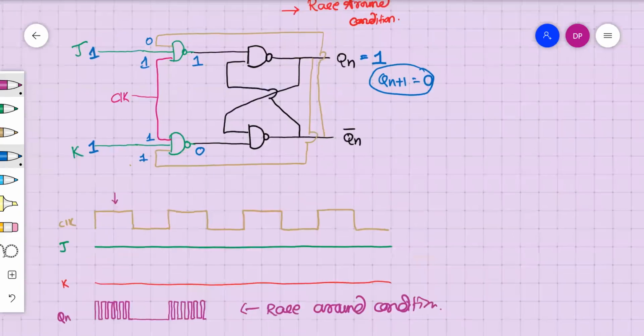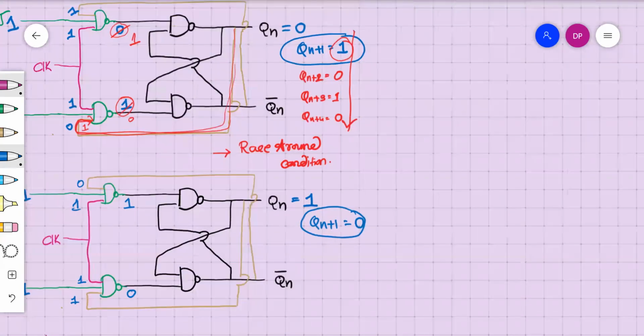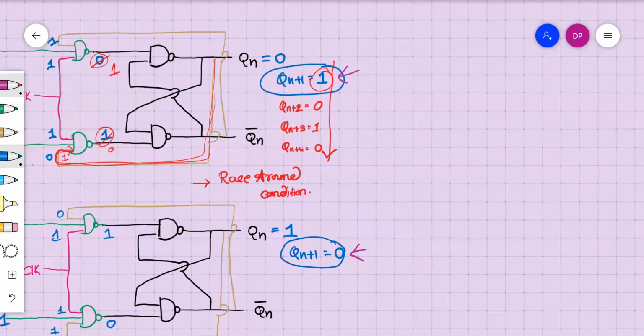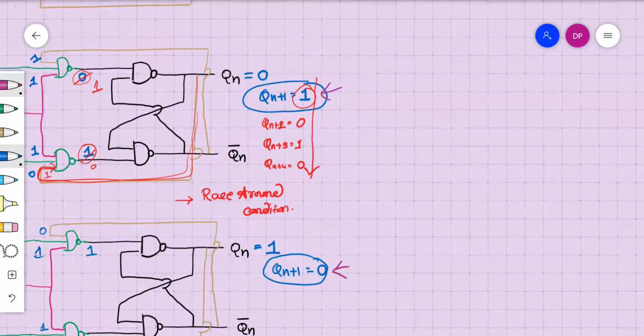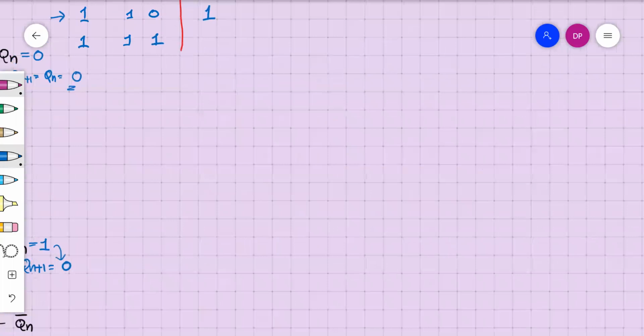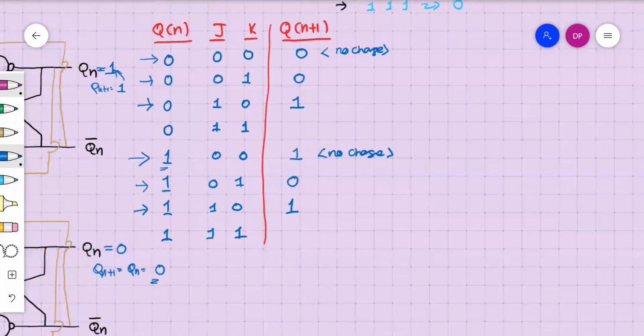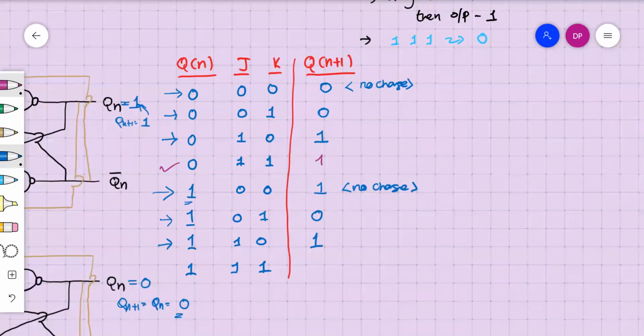Race around condition of JK flip flop. So let's fill this output. Okay. So the next state was 1 when Qn was 0 in the table. Let's go to the table. In this case, we got 1 over here, and this was 0. And it's always toggling, continuously toggling from 1 to 0, 0 to 1, 1 to 0, 0 to 1.